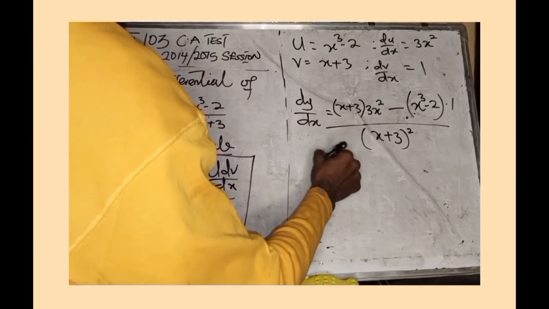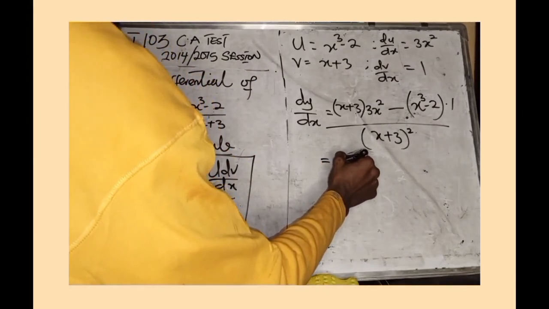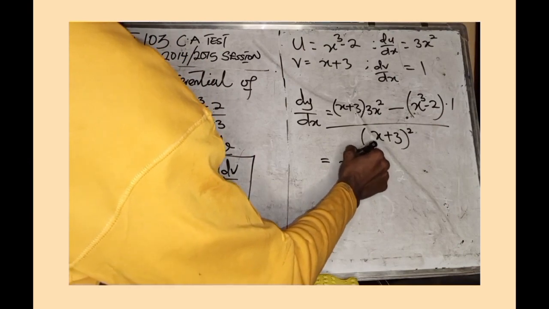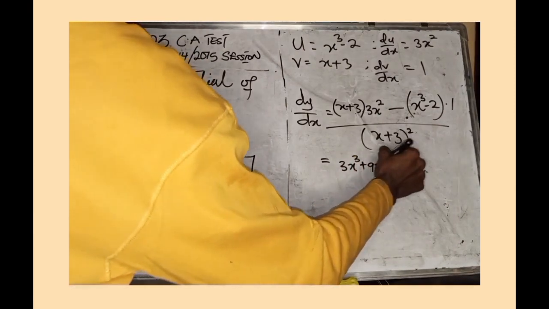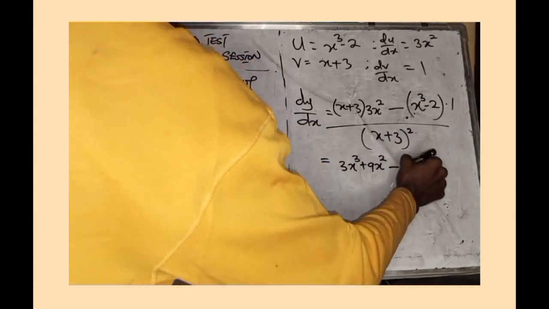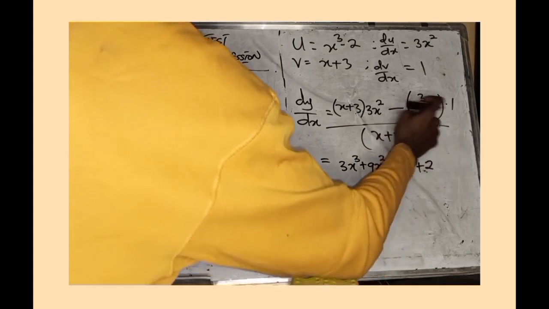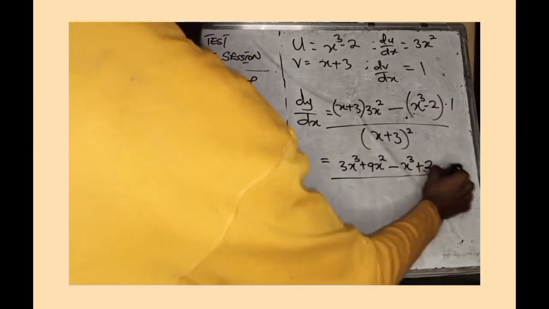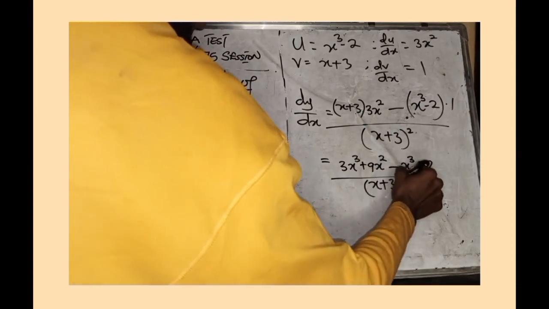So now let's multiply. 3x squared times x would give me 3x cubed plus 9x squared, minus the same thing here would give minus 3x cubed plus 2, minus times minus is plus, all over (x plus 3) all squared.